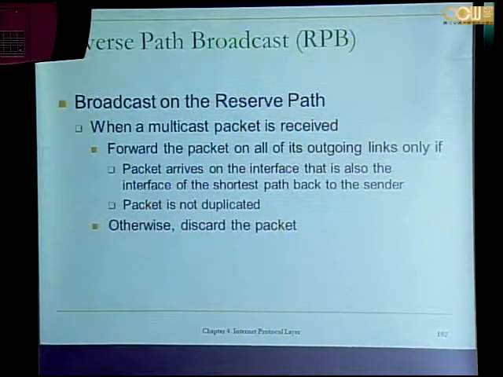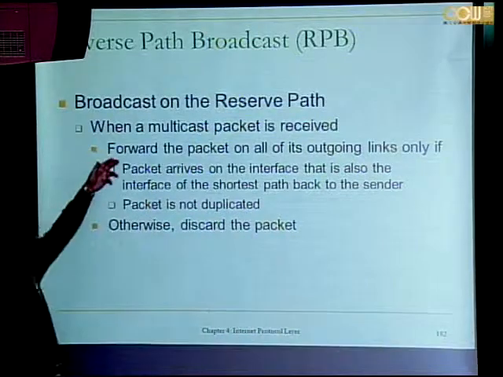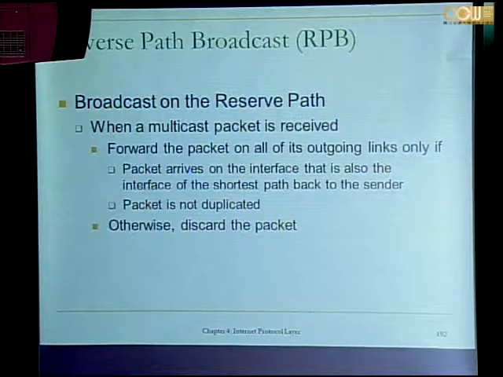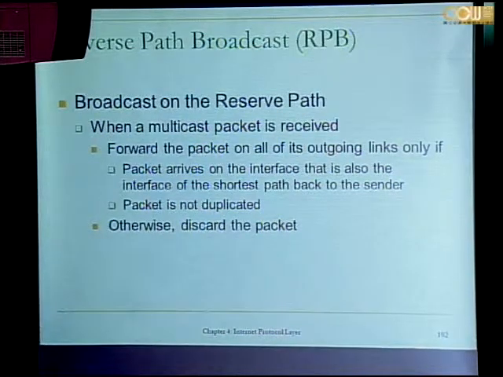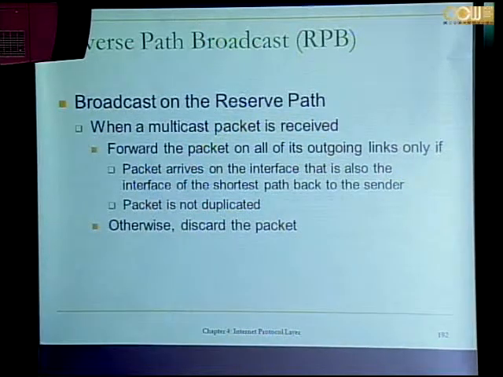So let me repeat it here. When the router receives a multicast packet, it would forward the packet on all of its outgoing links only if what? The packet arrives on the interface that is also the interface of the shortest path back to the sender.